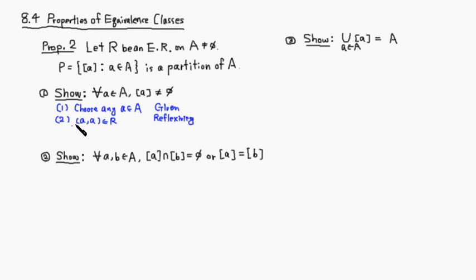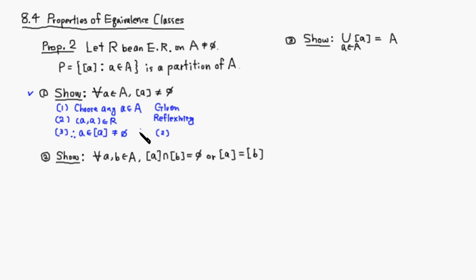Then by definition, line 3, this a belongs to the equivalence class represented by itself. Since we already found an element, this is not empty. So we could show that each of these is non-empty. That just comes from line number 2, so the first condition is satisfied.